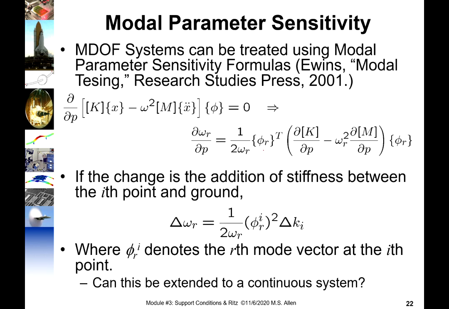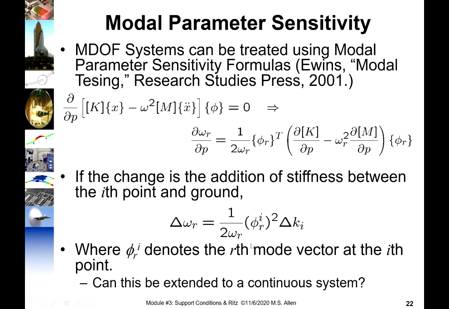All of this can be extended to an arbitrary system, to multi-degree of freedom systems. One way to do that is covered well in Ewan's book, where you can take the partial derivative of your eigenvalue equation with respect to some parameter. So that might be the stiffness of a support spring. And you can write these equations that tell you how the natural frequency of the rth mode would change as you change that stiffness.